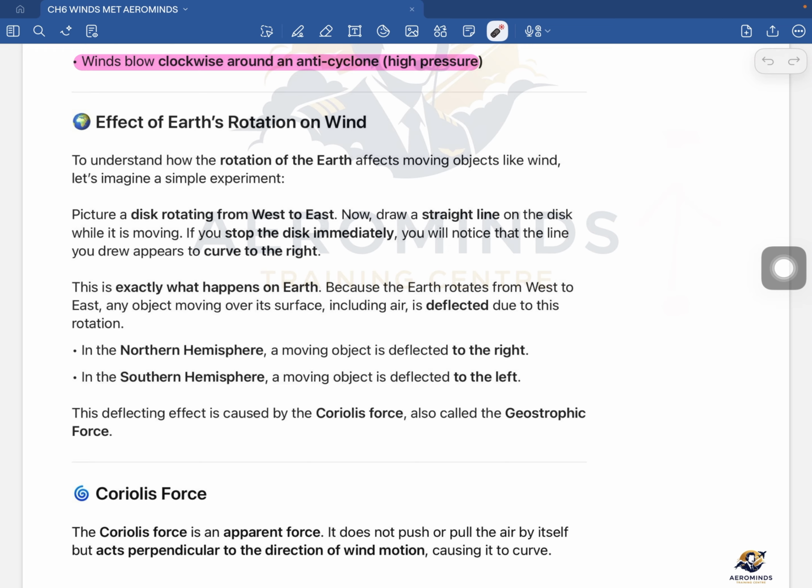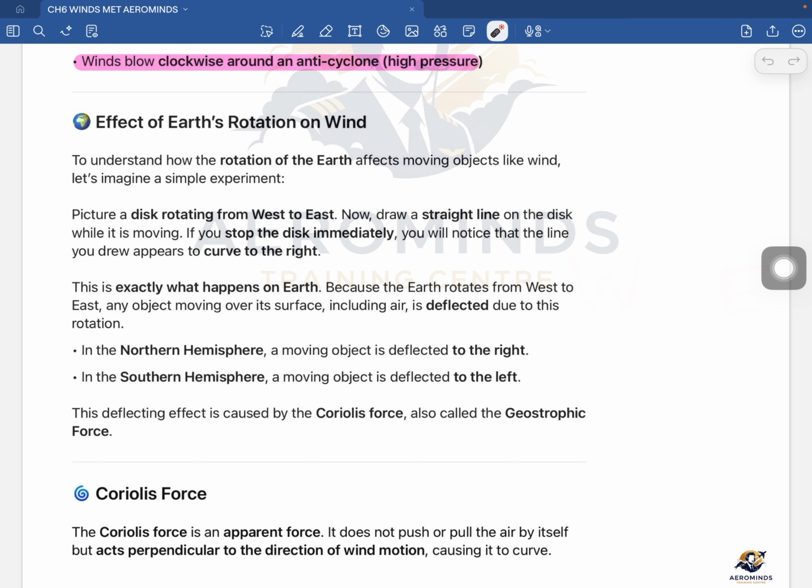Now, to understand this effect in a very simple way, let us imagine a small experiment in our mind. Okay, imagine there is a flat circular disc in front of you, like a round plate. Okay, and this disc is rotating from west to east, exactly like the Earth.